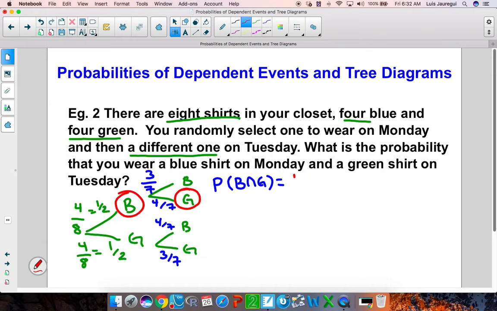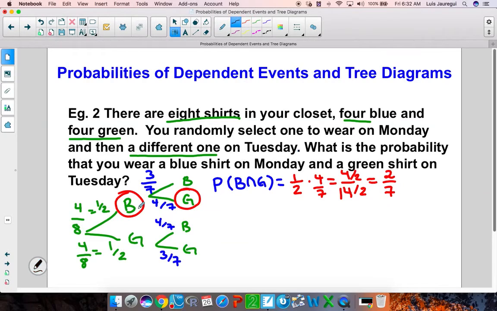So this one is just a half times 4/7. So that will give me 1 times 4, it's 4, and 2 times 7 is 14. Let me divide by 2 and 2 here so I can simplify this one. This is just 2/7. So the probability of wearing a blue shirt on Monday and a green shirt on Tuesday is just 2/7.